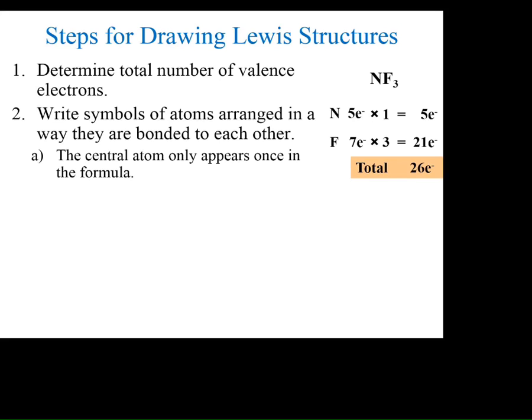So rule 2 says, okay, so just lay out the elements in a little arrangement. Well, how do I know how to arrange it? Well, put the one by itself in the center, and then everything else around it. So that's rule 2A, because there's a few little other possibilities. So the element that only appears once is normally the central atom.